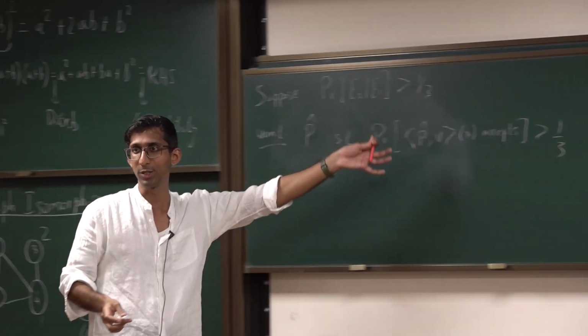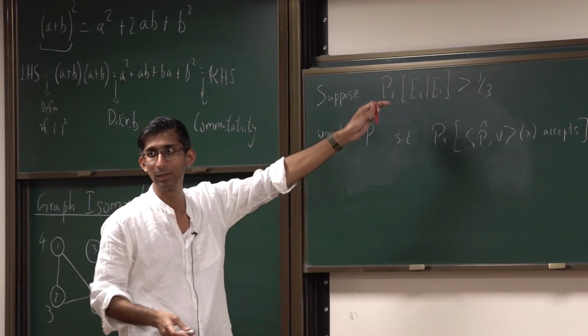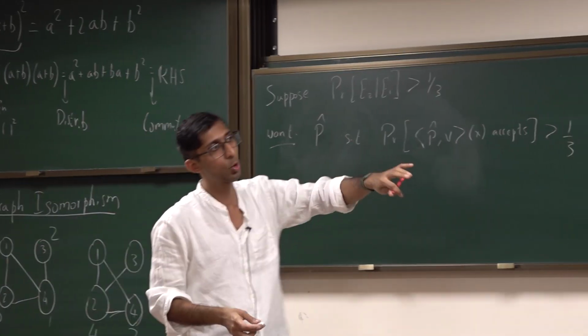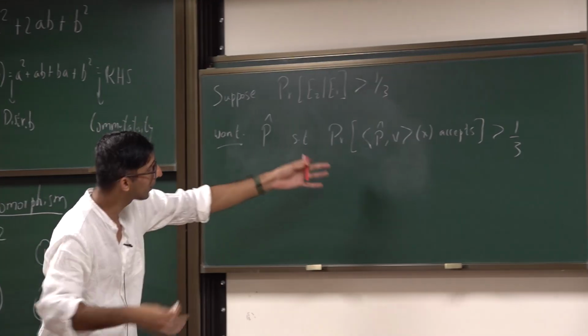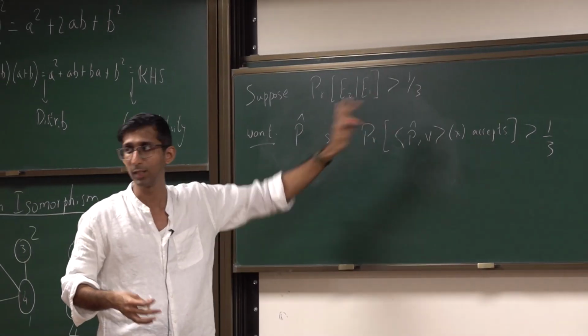This would be a contradiction to soundness. If I can construct such a P hat, that would contradict the soundness of the protocol I started with. So it cannot exist, which means this has to be less than 1/3. That's what I want to do.